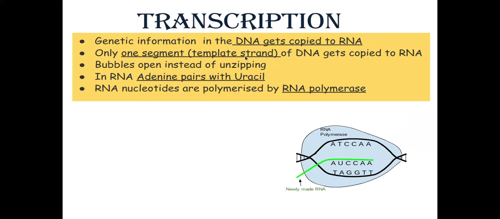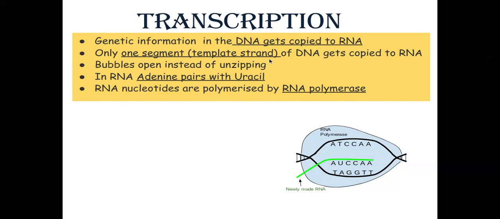As we have talked about in the introductory tutorials, transcription is the process where DNA information gets copied into the RNA. So this is to be remembered. Genetic information is copied from the DNA into the RNA molecule.